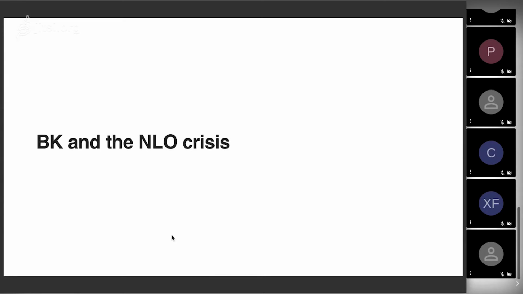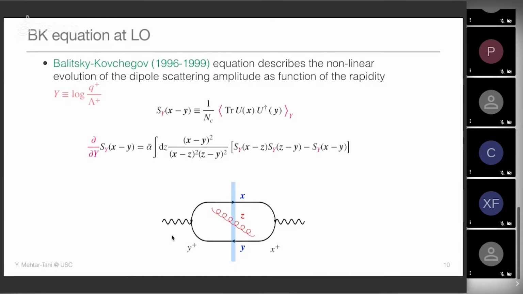All right, so I mentioned some problems at next to leading order, but before that, let me just say a few words about how, starting with this leading order description of scattering processes at small x, this would evolve at higher orders. So this is given by the Balitsky-Kovchikov equation.